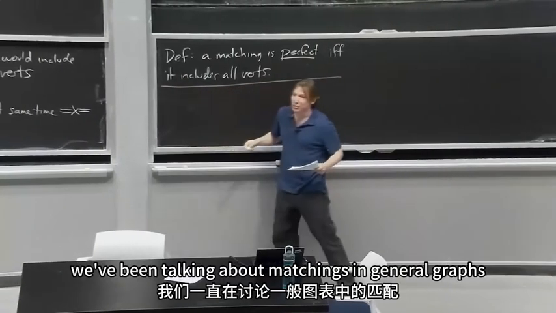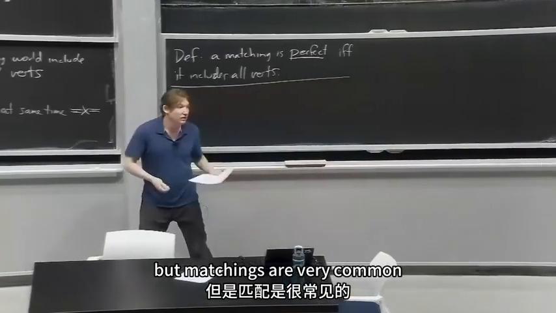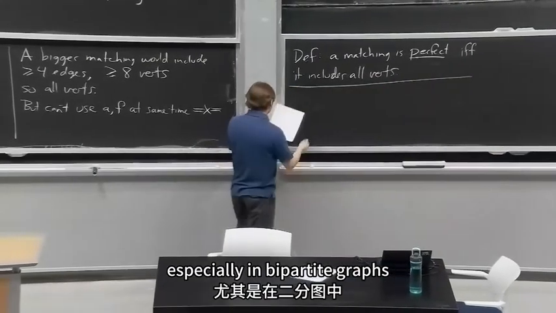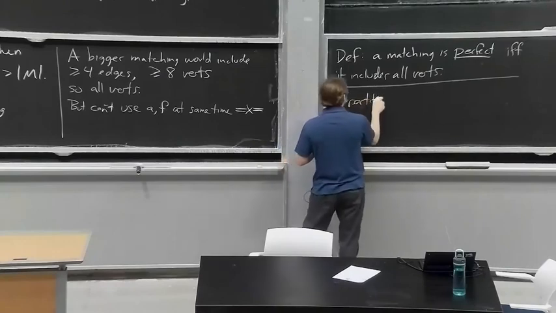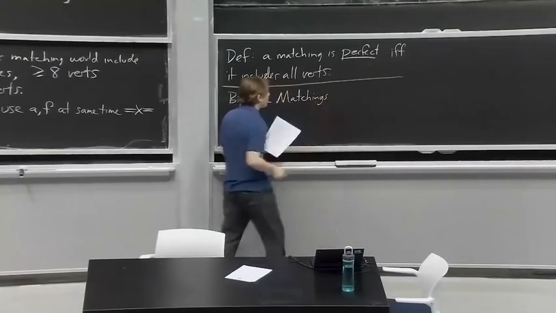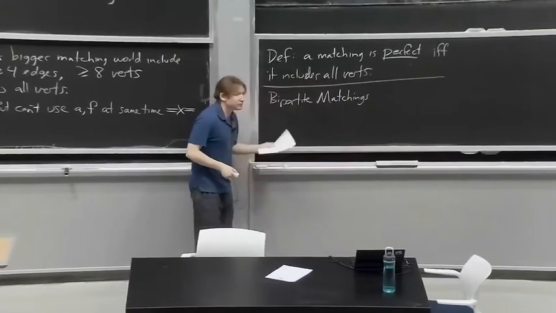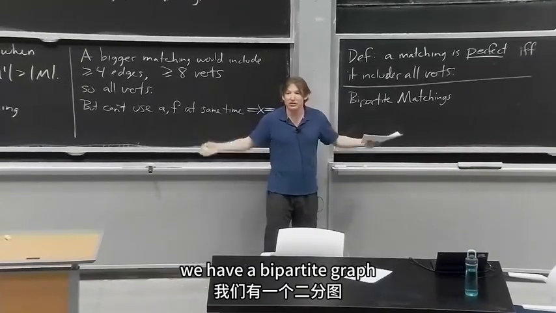Now, so far we've been talking about matchings in general graphs. But matchings are very common, especially in bipartite graphs. So bipartite matchings. When we're trying to match tasks to servers, we have a bipartite graph.